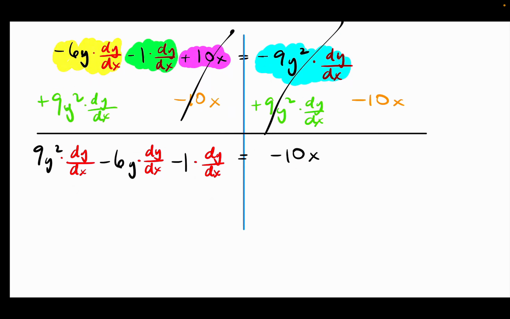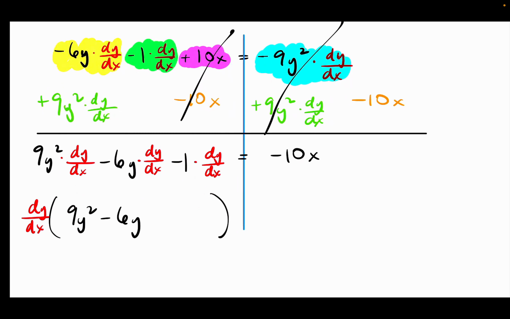I have 3 terms. They each have a dy dx. What can I do? Factor, right? Isn't there a GCF, a dy dx? They all have it, right? That's called factoring. So I'm going to put dy dx in the front. When I take away a dy dx, what's left? 9y squared, no more dy dx.